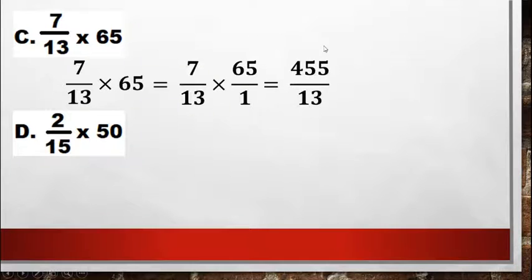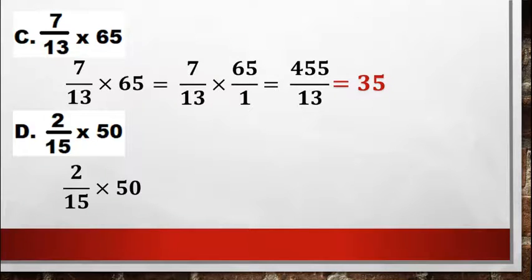We need to divide because this is an improper fraction. 455 divided by 13, we got 35. Because your answer is a whole number, no need to simplify it because it is your final answer. Did you get the correct answer? Very good.